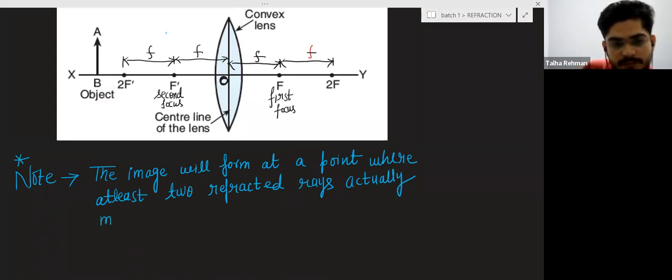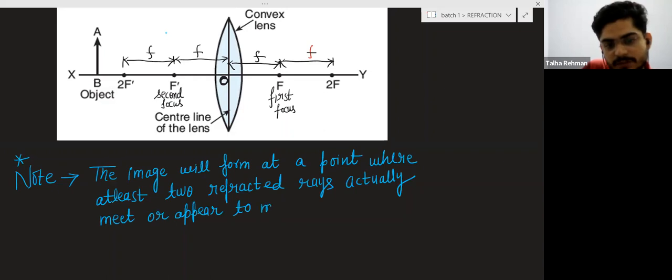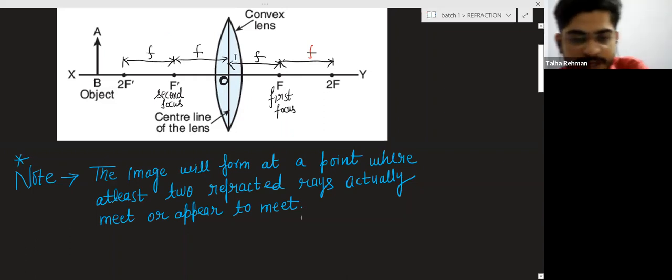Like in case of concave lens, the rays are just appearing to meet at focus point. Okay. So this point is important.